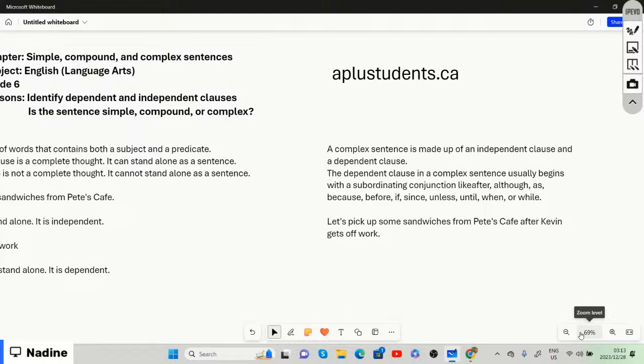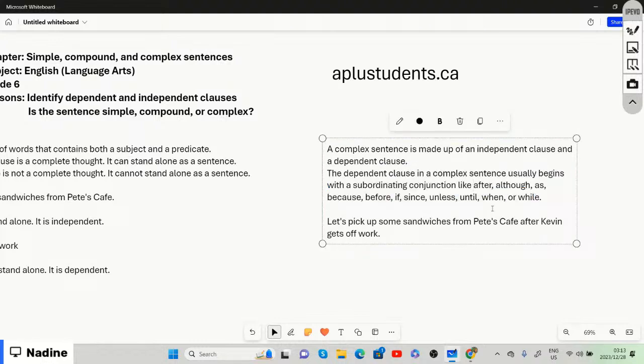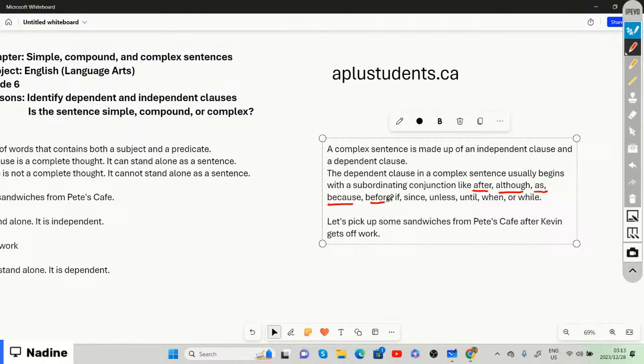A dependent clause within a complex sentence usually begins with a subordinating conjunction. An example of subordinating conjunctions is like after, although, as, because, before, if, since, unless, until, when, or while.